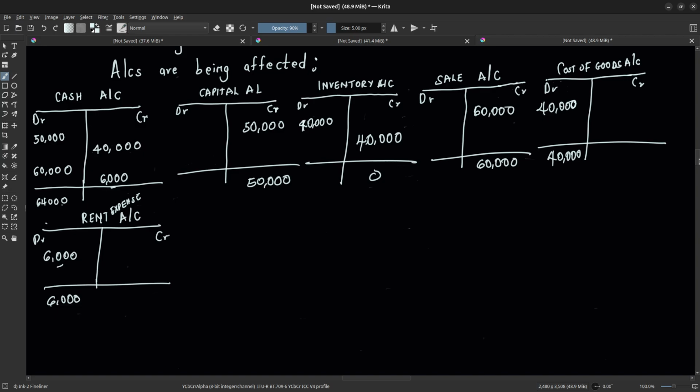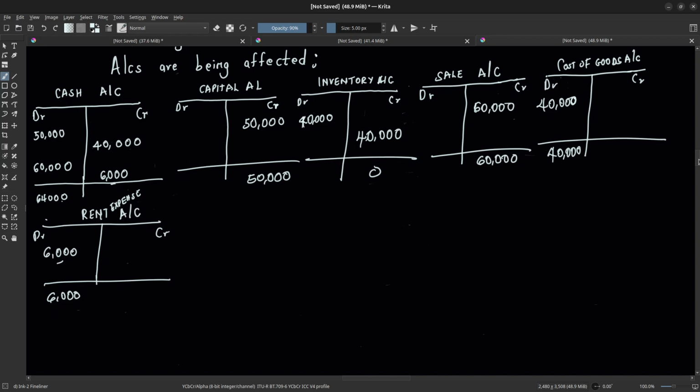Now let us look at the accounting equation if it is balanced. Remember, we had assets equals equity plus liabilities, which we expanded to dividends plus expenses plus assets will always be equal to liabilities plus equity plus revenues.